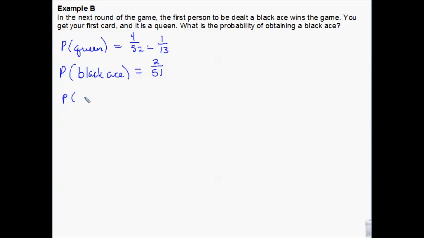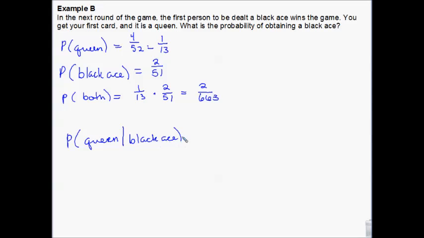So the probability of both was 1/13 times 2 over 51, which is 2 over 663, which won't reduce. And so the probability of getting the black ace on that second draw is our both divided by the first.